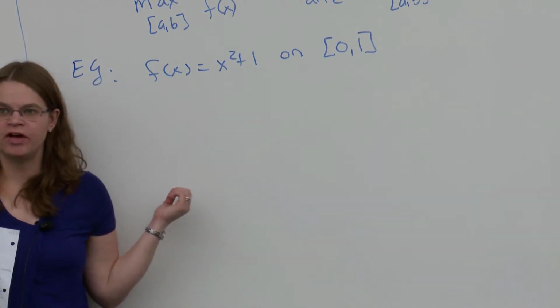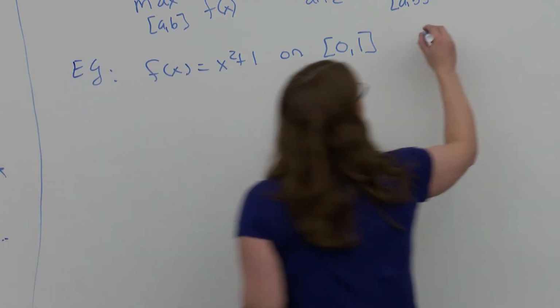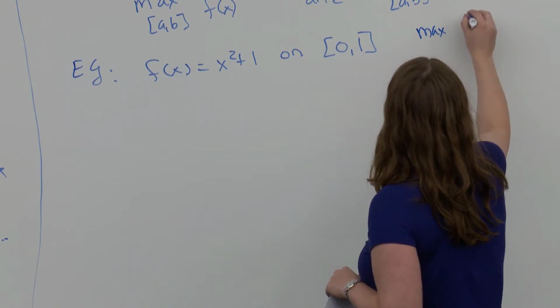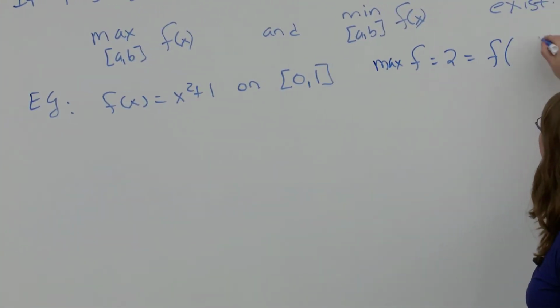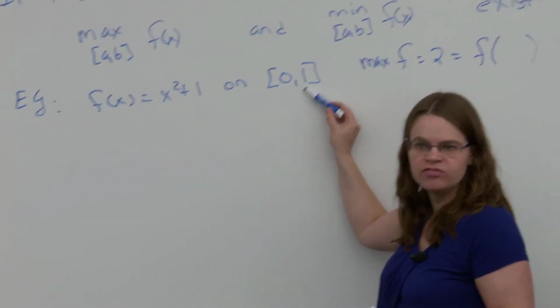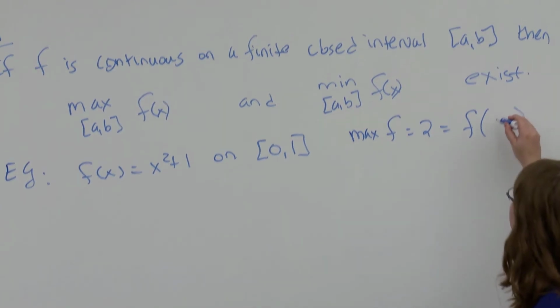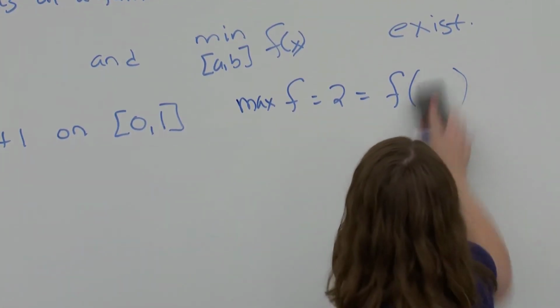So what's the maximum of f? 2, right. So we can say that the maximum of f is 2. And in order to do that, we have to be able to plug in a value into here. And indeed, we can take a value that lives in the domain and plug it in. Not 2, 1. Let's try 1.